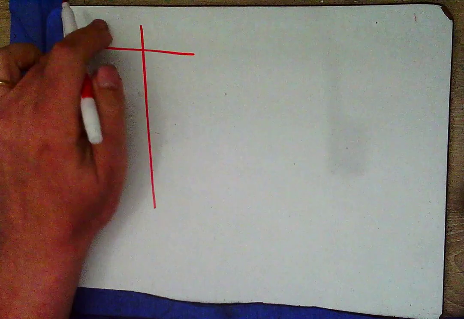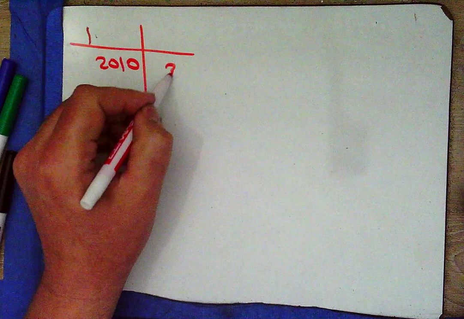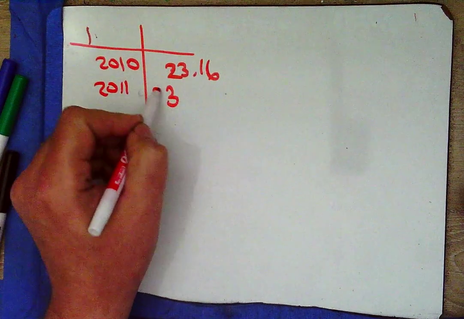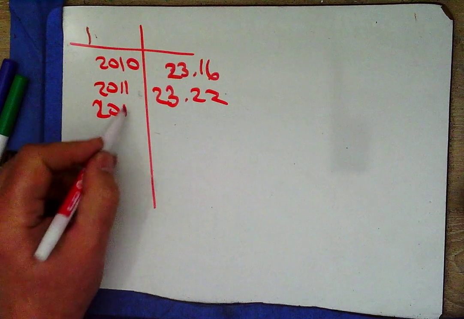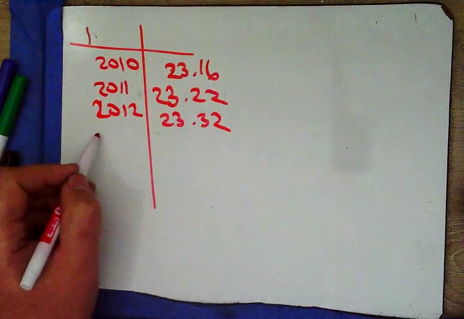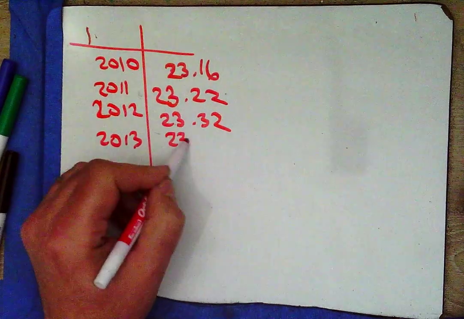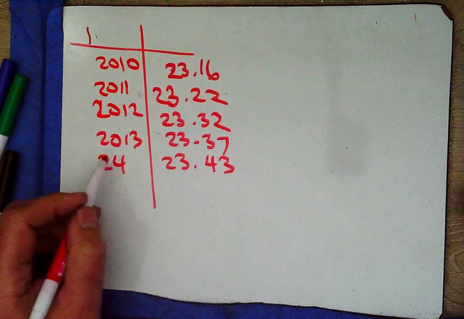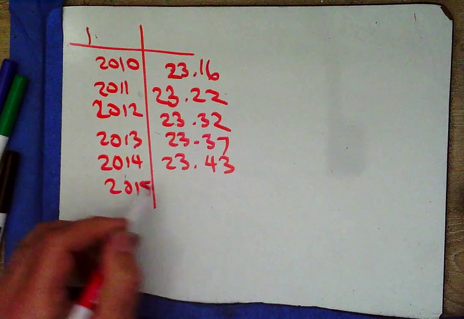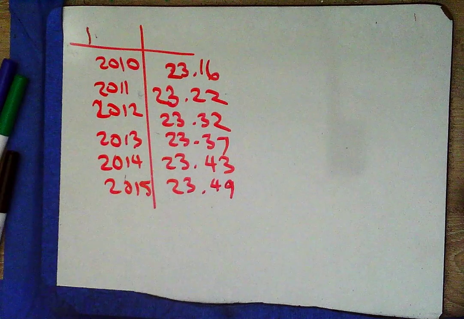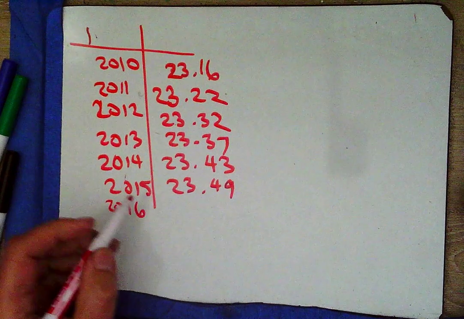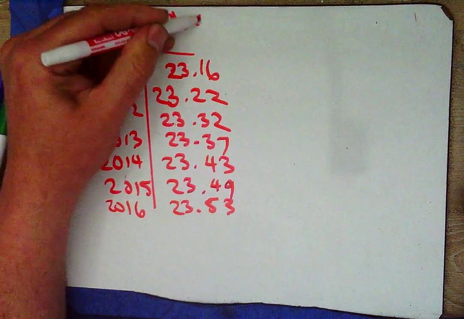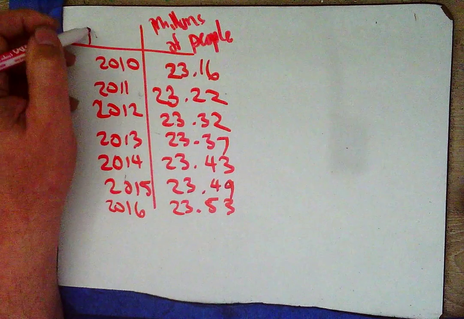Here's some population data from Taiwan. 2010, 23.16 million, 2011, 23.22 million, 2012, 23.32 million, 2013, 23.37 million, 2014, 23.43 million, 2015, 23.49 million, and 2016, 23.53 million.